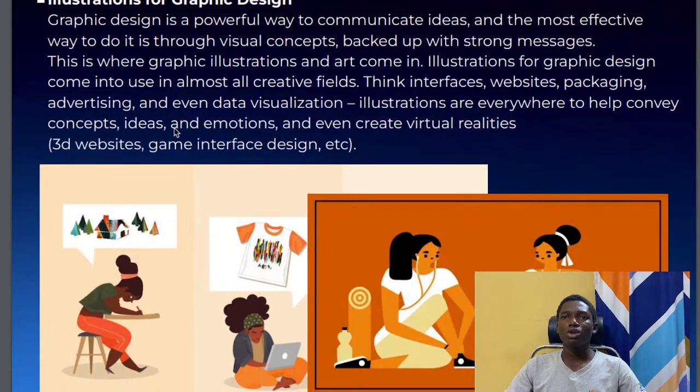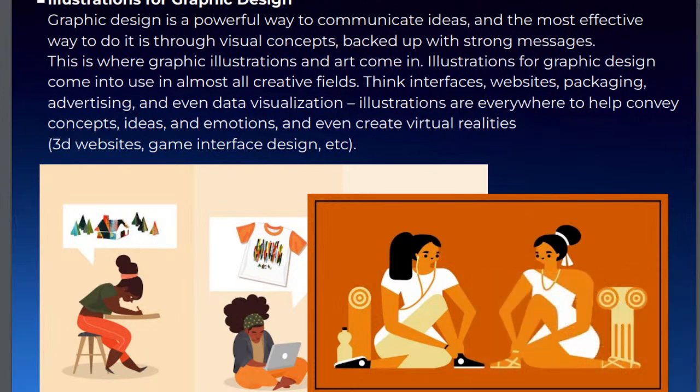You use your pen, your creativity, to achieve. And they deal more with 2D, more with shape form of design. This type of graphic design is a powerful way to communicate ideas. Yes, a powerful way to communicate ideas, and the most effective way to do it is through a visual concept, backed up with a strong message.